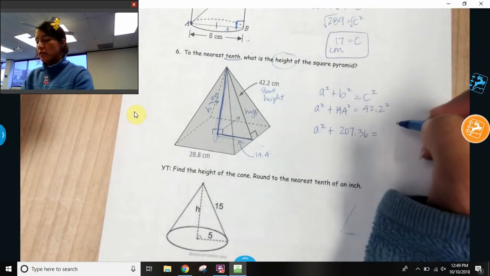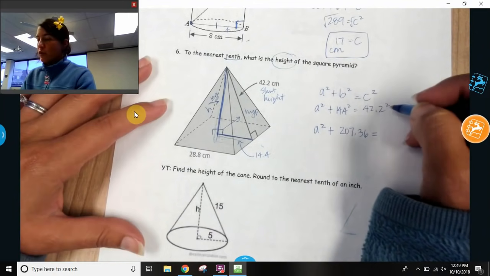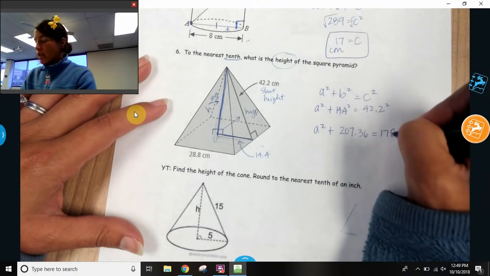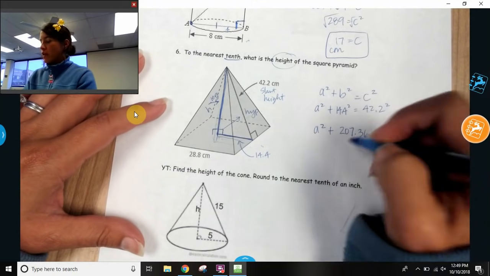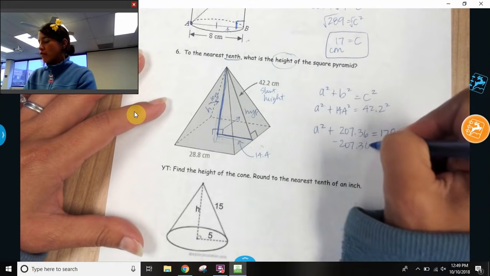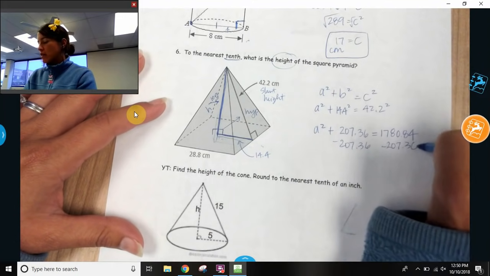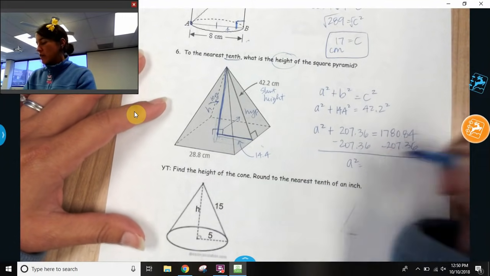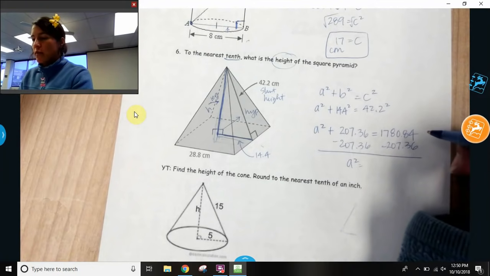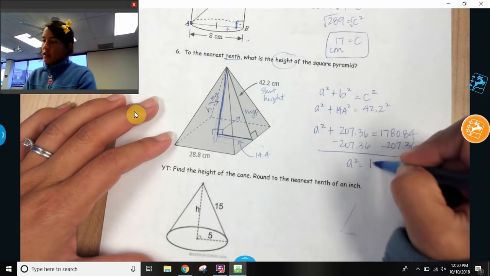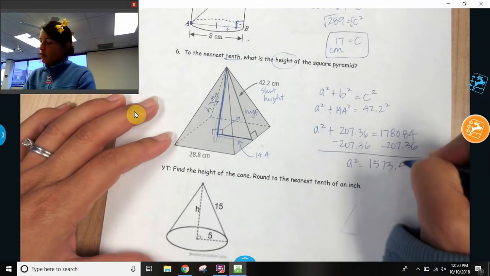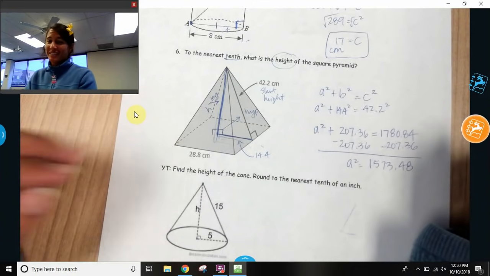Yes, I'm using my calculator. And then 42.2 squared is 1780.84. We would need to subtract from both sides: 1780.84 minus 207.36, and I'm left with 1573.48. I hope I'm doing my math correctly.